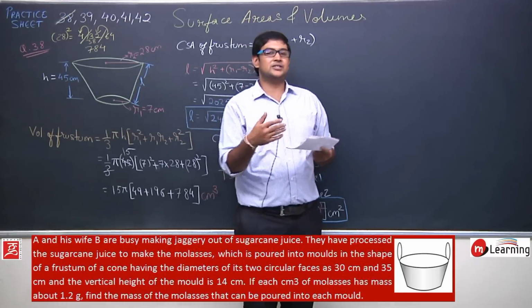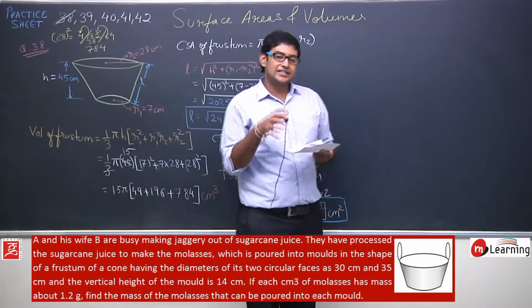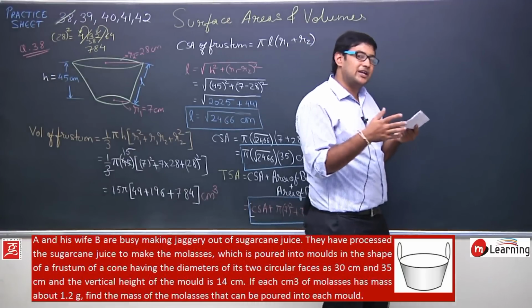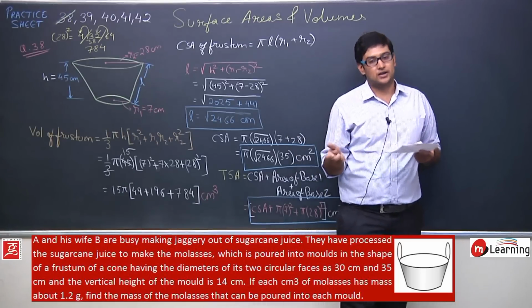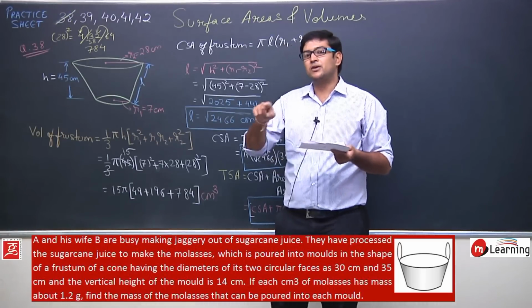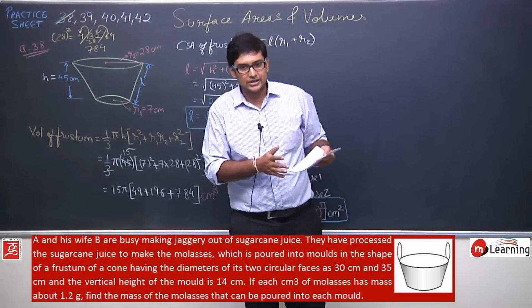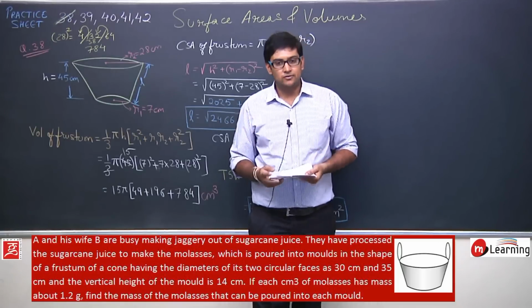So there are some processes in between, and one of the processes is written in this question. It says that they processed the sugar cane and we got molasses. Molasses is what? It's a liquid. Molasses is a thick paste form liquid which is formed, which is like a byproduct in case we are making sugar from the sugar cane.